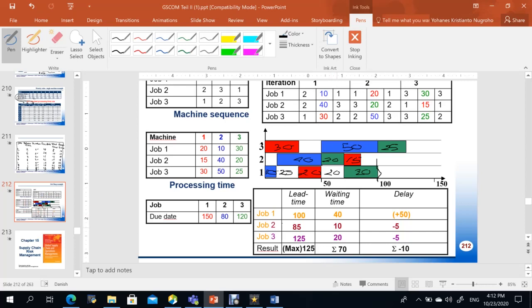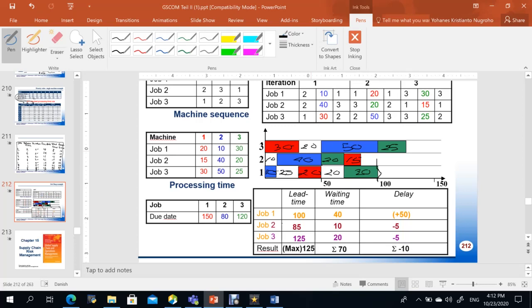And for job number 2, only 10 coming from here. It is 10 waiting time. And what about job number 3? It is 20, comes from here. It is 20. All right? So the total waiting time for jobs number 1, 2, and 3 equal to 70. All right? That is the total waiting time.